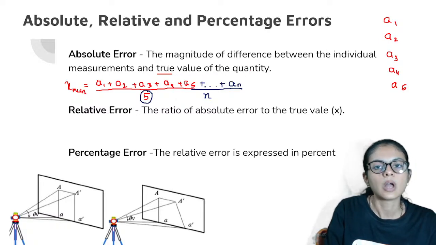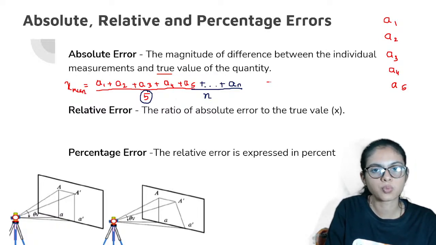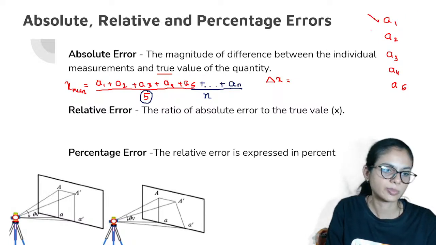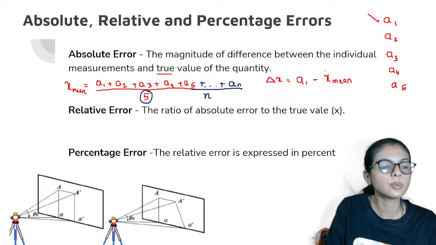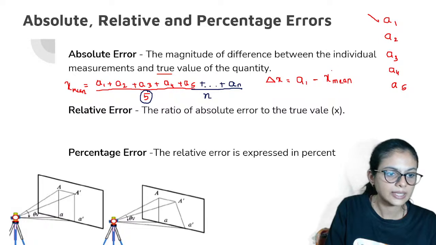Okay, now how to get the error. I'll call it delta x, nothing but the error in this one particular experiment. Okay, that is nothing but the experimental value minus the true value, which is x mean. Clear? So this is to remove absolute error.